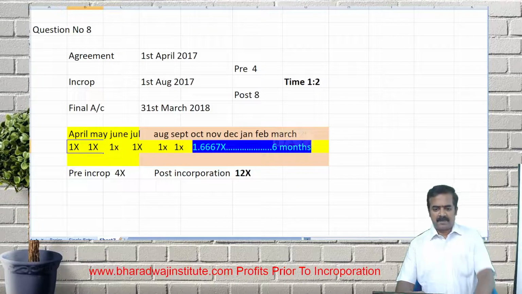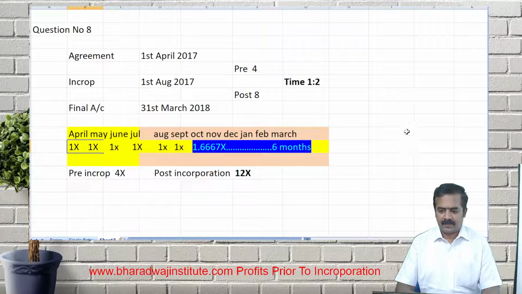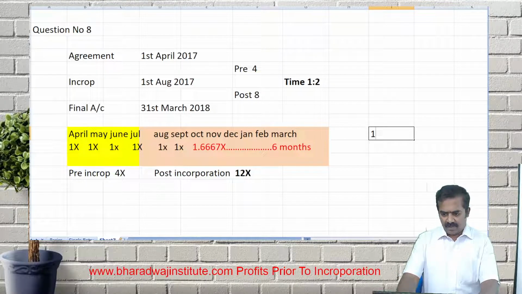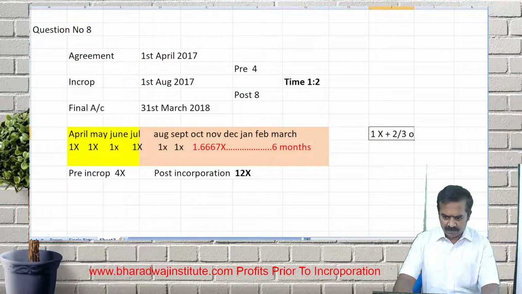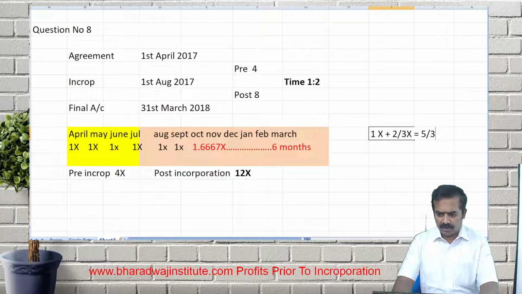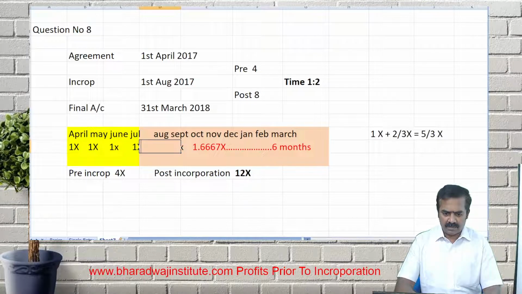1x plus 2/3 of x will give us 5/3x. We can keep it like that.